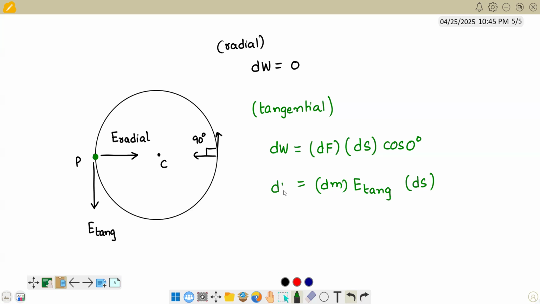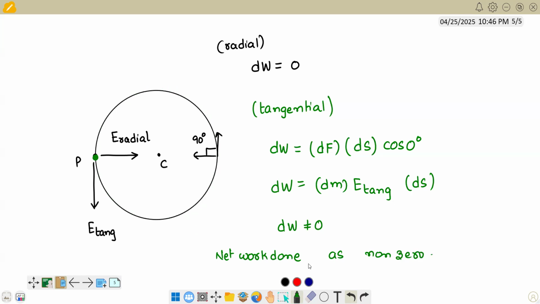We are getting this as non-zero. Since this is non-zero, if I start to move the body in an entire circle, we get the net work done as non-zero.